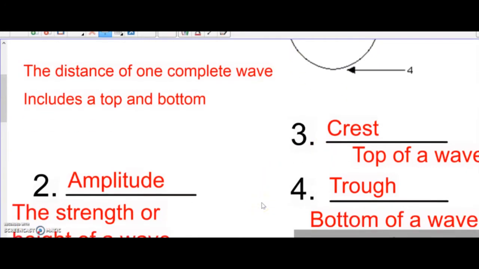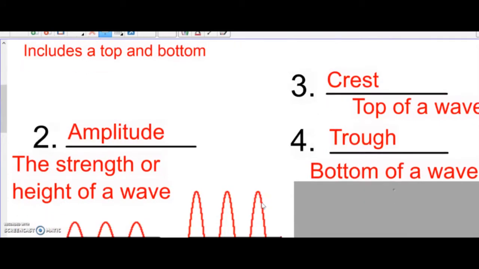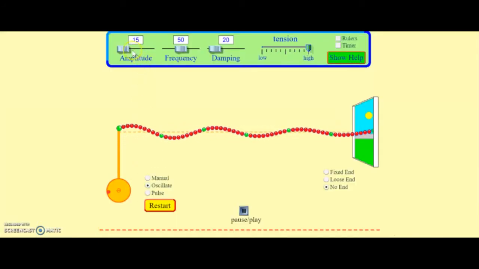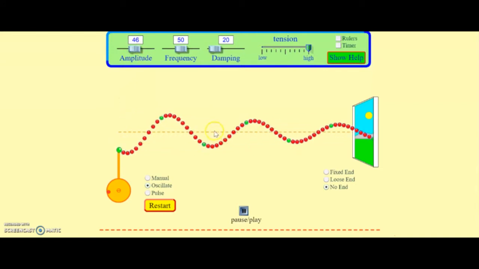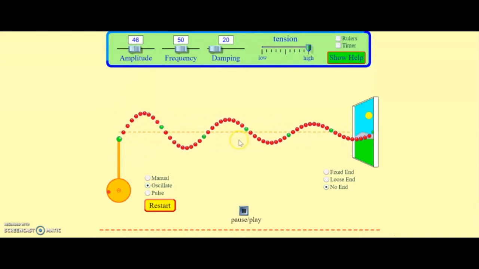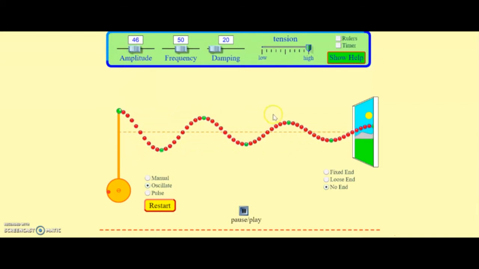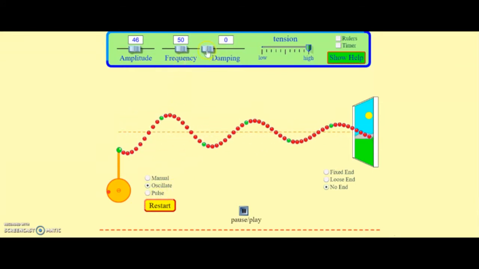Those are the parts of a wave. You just need to be familiar with the words. You can see troughs moving, you can see the crest of the wave moving by.